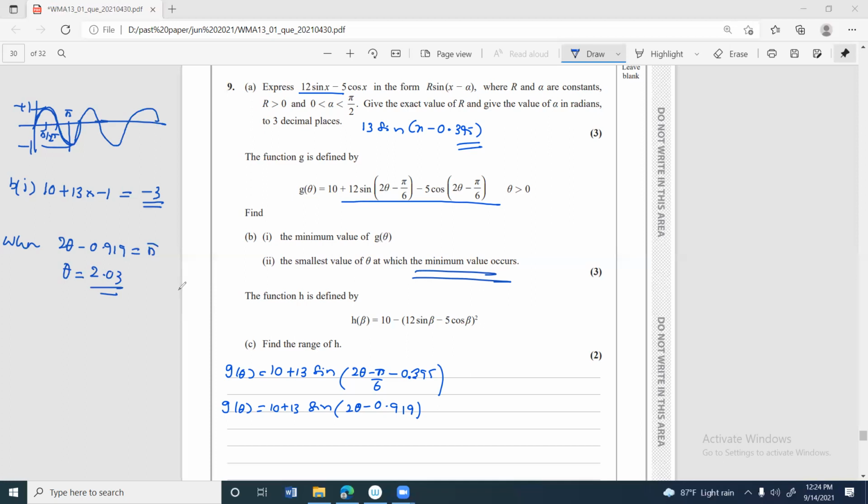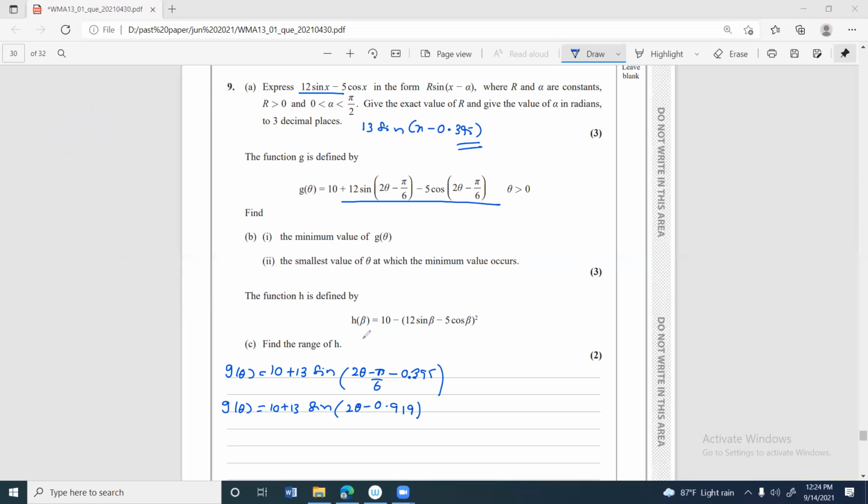So you can get the answer in that format, right? Then let's come to this question, part C, h beta. This part is literally similar to the value over here. You can say this is sine beta minus 0.395 whole thing squared.